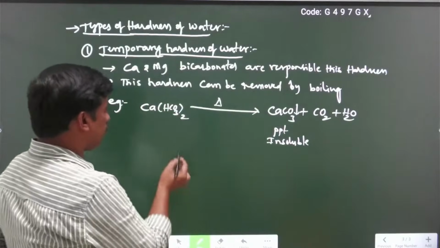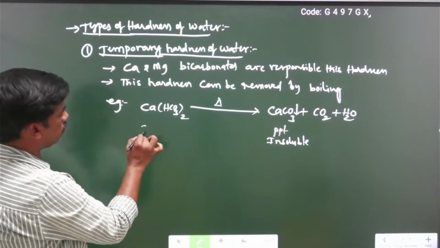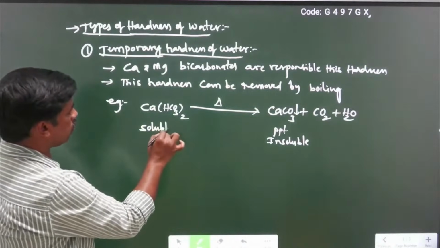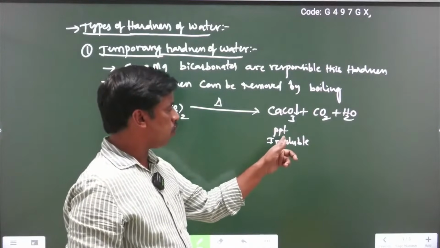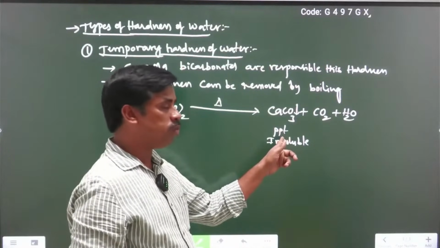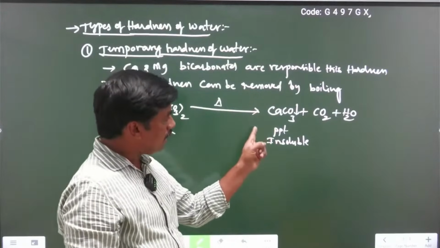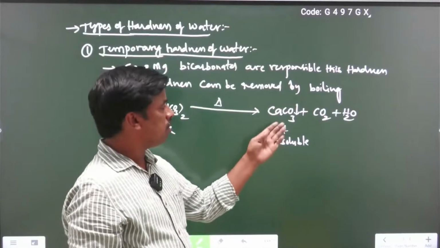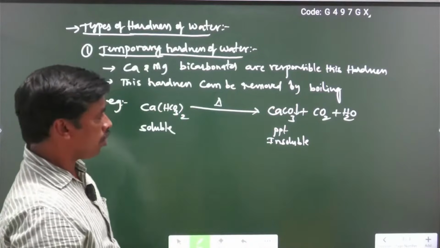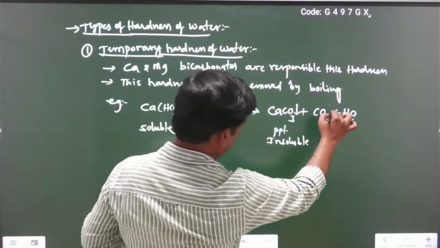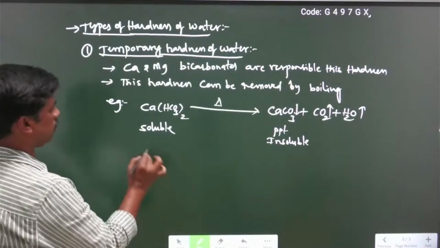Before boiling, calcium bicarbonate is present in water in a soluble state. After boiling, it converts into an insoluble precipitate, which can be separated by filtration. That is how temporary hardness is removed by boiling. The carbon dioxide and water with upward arrows are in gas state.